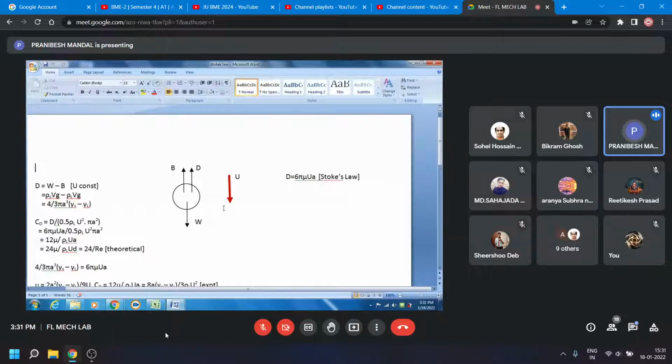Because we are assuming that there is no further acceleration on this falling sphere. Got it? Yes sir. So if there is no further acceleration, we may assume that the downward velocity u is constant.